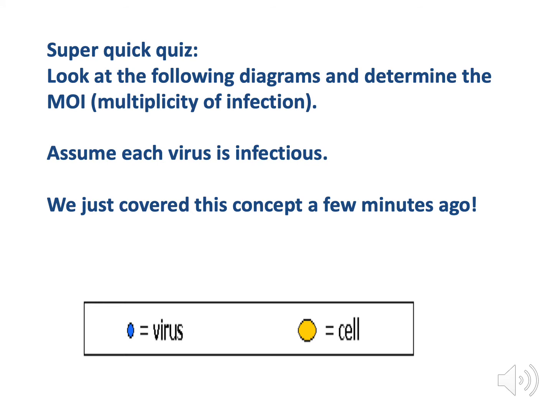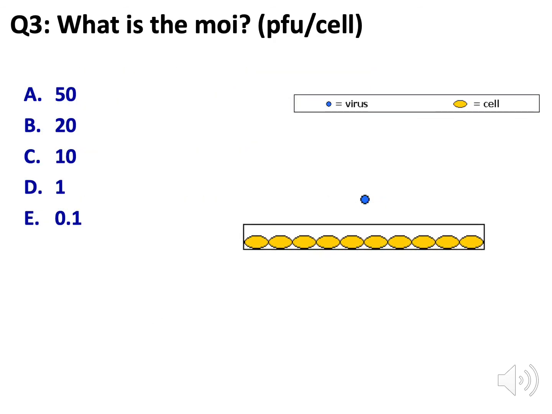In this, the viruses are blue, the cells are in a dish, and they're yellow, and I'm asking you what's the multiplicity of infection, and remember, it's the ratio of PFU viruses per cell. Okay, this is going to be speedy. Ready, go. Number 2. What's the MOI? One virus, 10 cells.